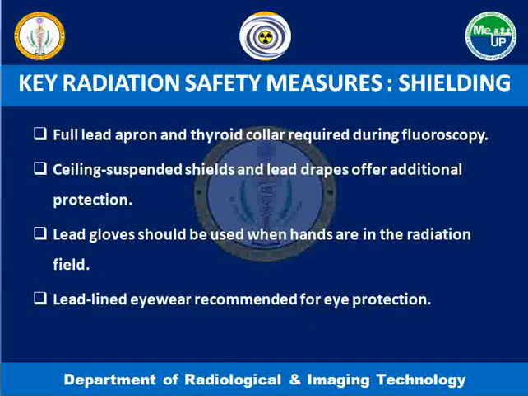Ceiling-suspended shields and lead drapes provide additional protection by blocking scattered radiation, particularly in high-exposure environments. When hands must be placed within the radiation field, lead gloves should be worn to prevent unnecessary exposure. Additionally, lead-lined eyewear is strongly recommended to protect the eyes from radiation-induced damage, such as cataract formation.